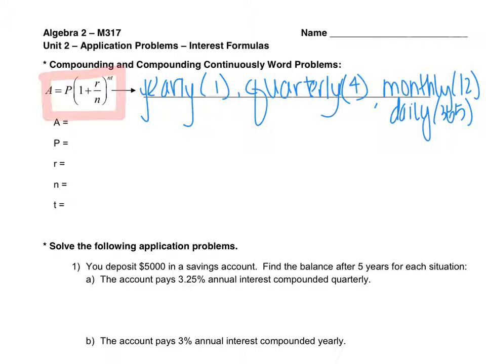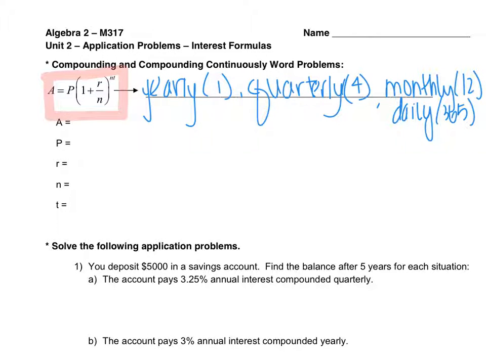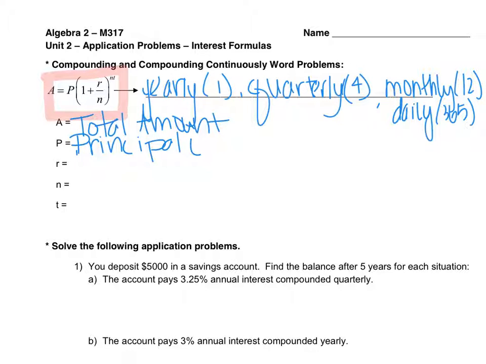Now what each part stands for: A stands for the total amount. P stands for the principal. Another word you might hear for this is initial.